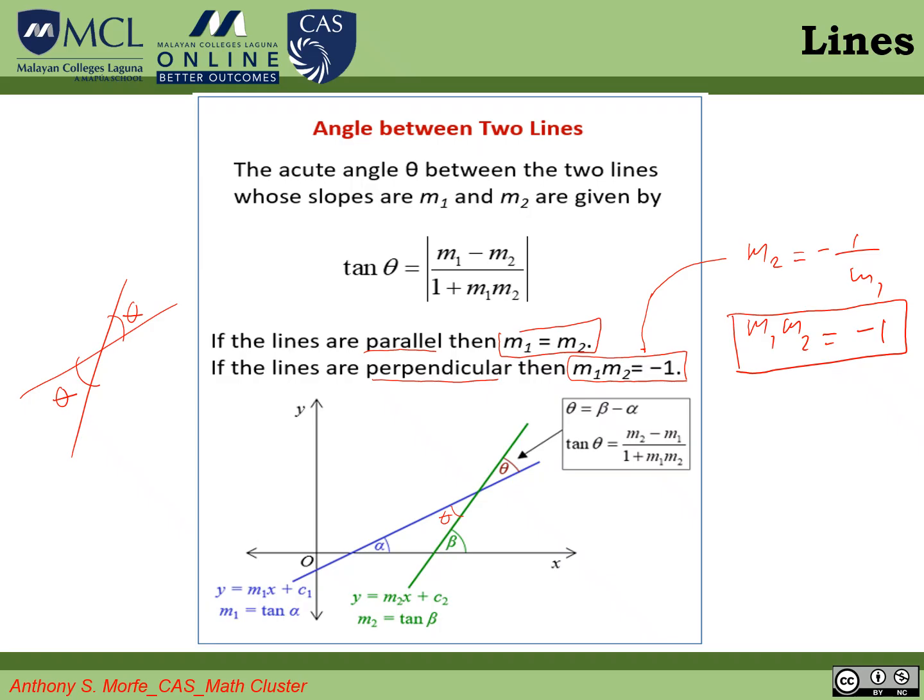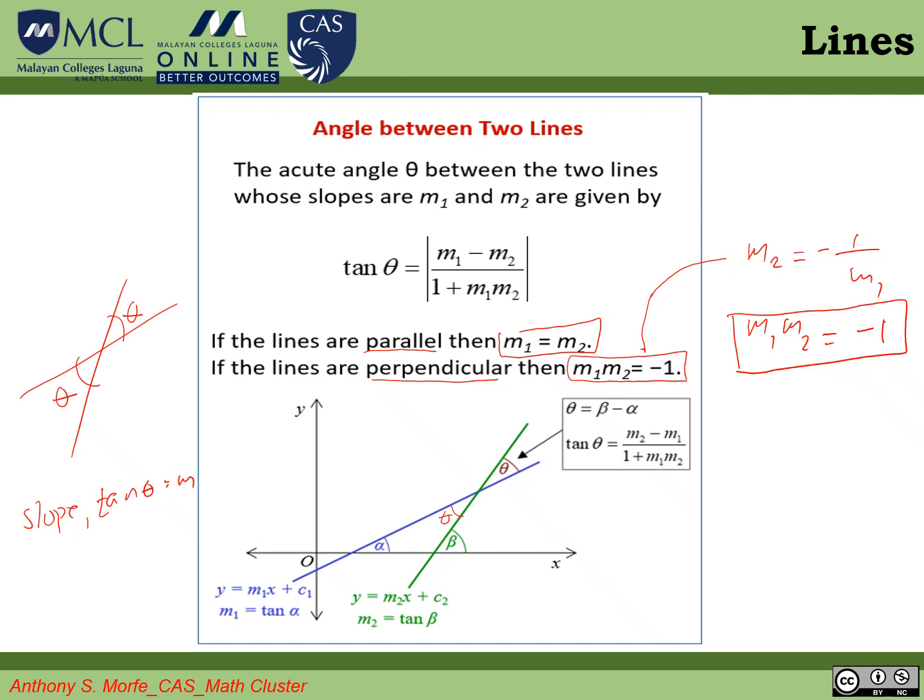As you can see here, line 1 is given by y equal to m1x plus c1. Okay, the slope, based on what we had discussed in the previous slide. Remember, the slope is equal to tangent theta, which is equal to m, right?